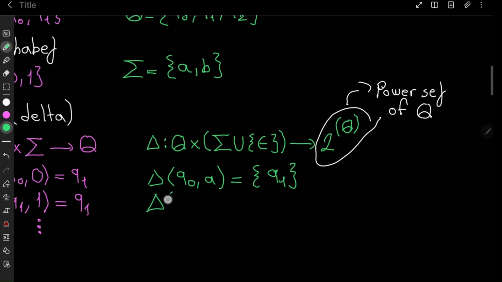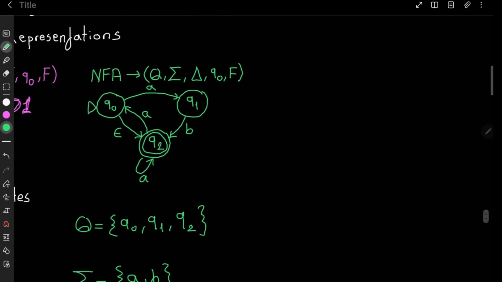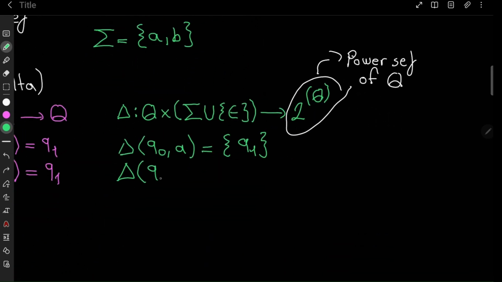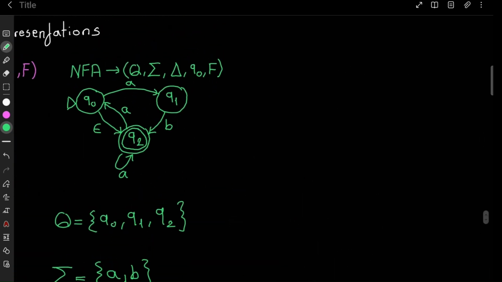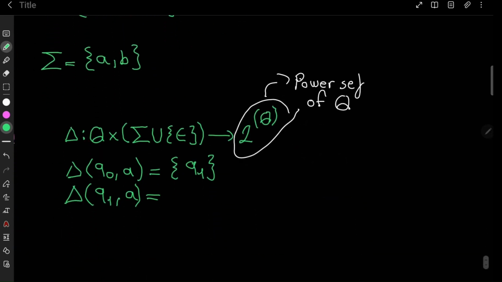For example, when we are at Q2 and when we take A as an input, there is more than one possible state. We can go to Q0, and we can stay at Q2 as well. And it continues like that for every transition.